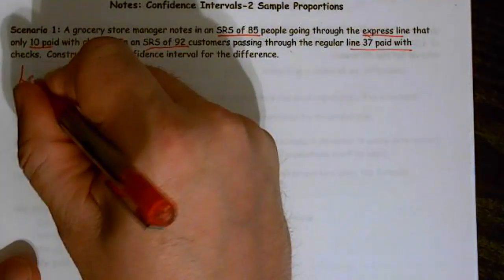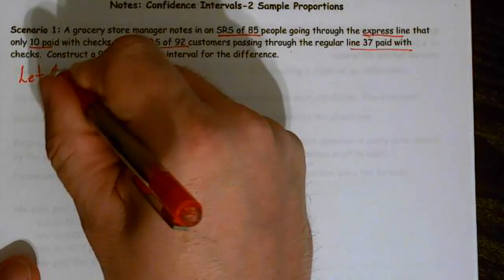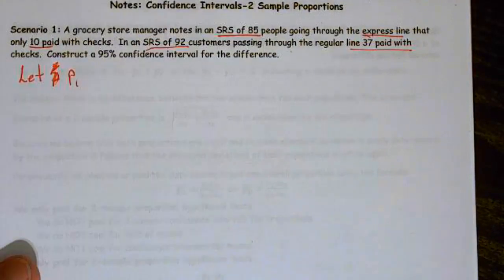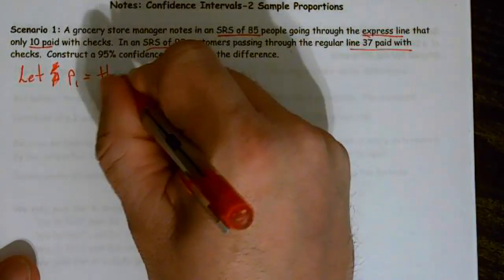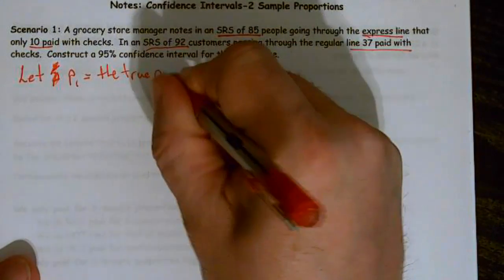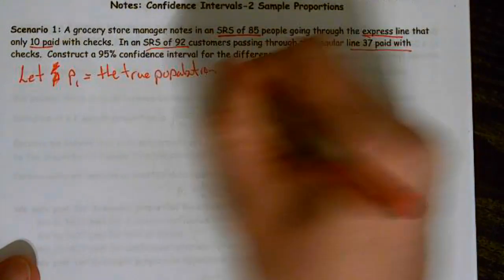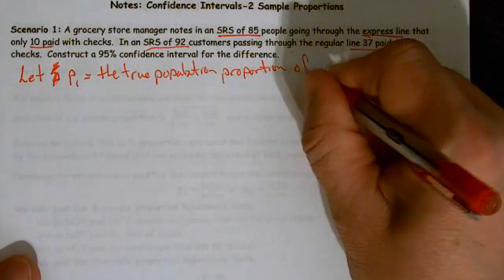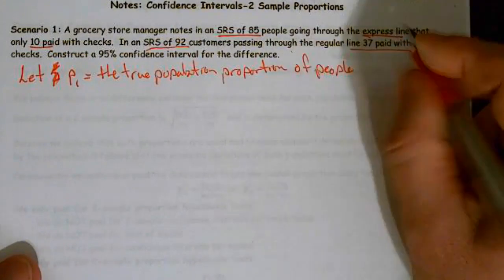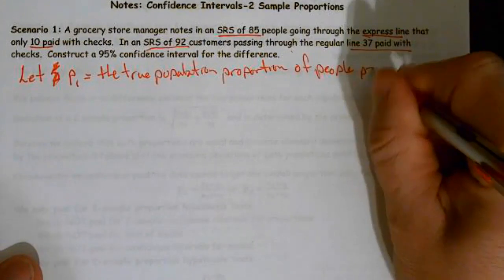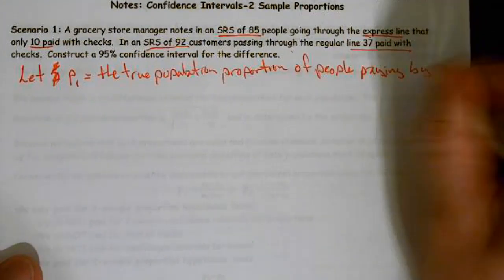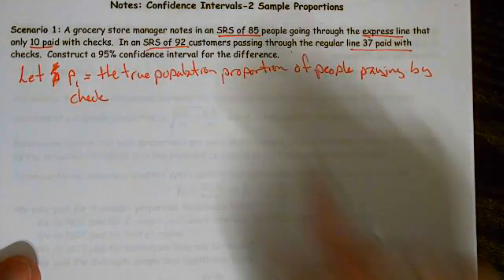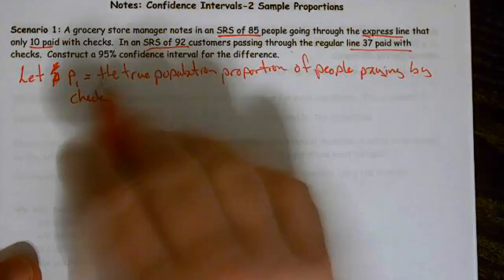So this is going to be very important. Oops, not p hat. Let me start that over. Let P1 equal the true population proportion of people paying by check in the express line, because that was what was first.